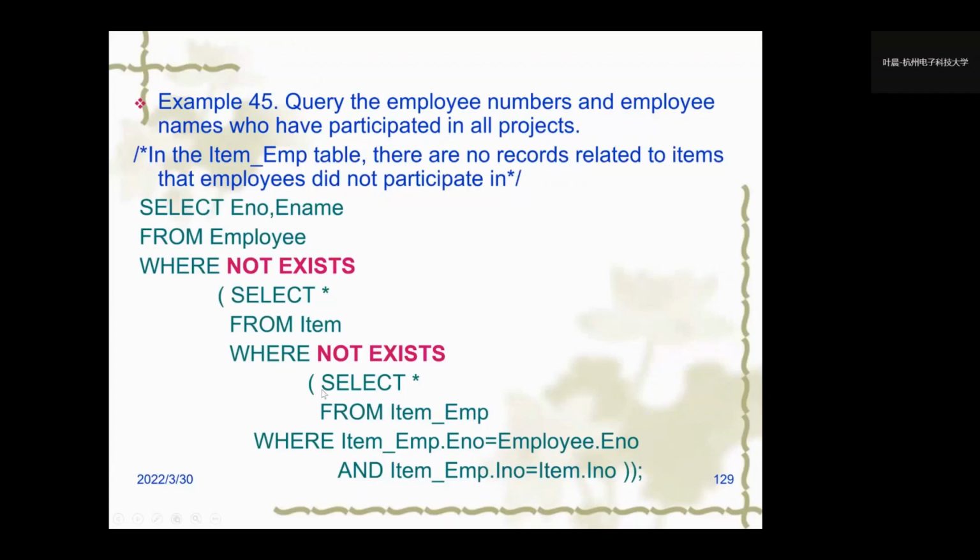So first, you need to write a subquery to select the records that are related to the items that have employees participating. So if not exists, it means you want the information of items that do not exist in the query result of this subquery.